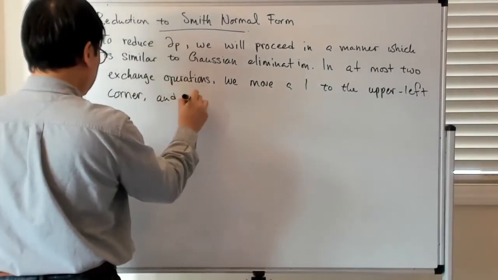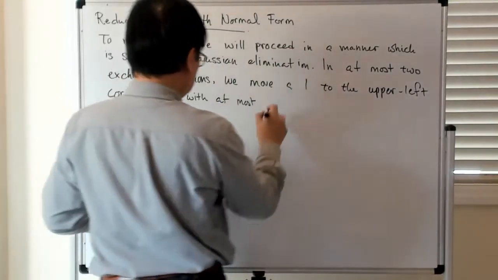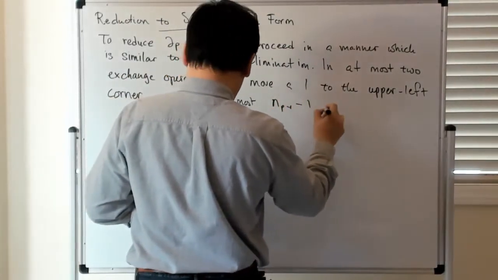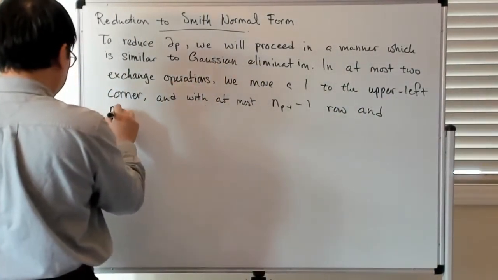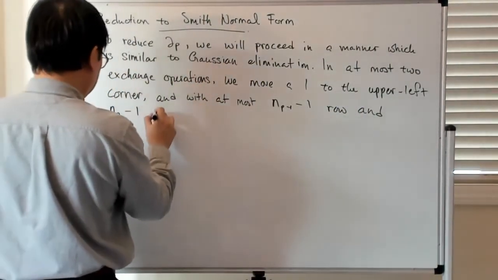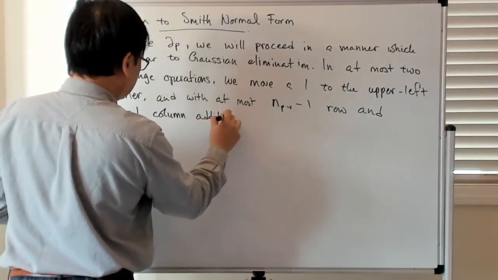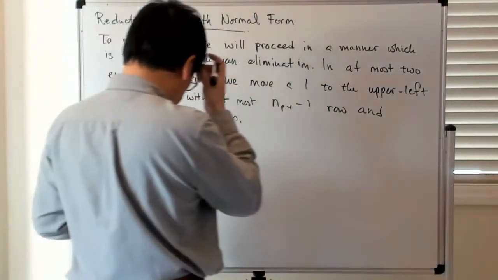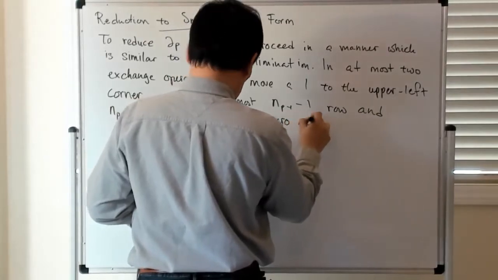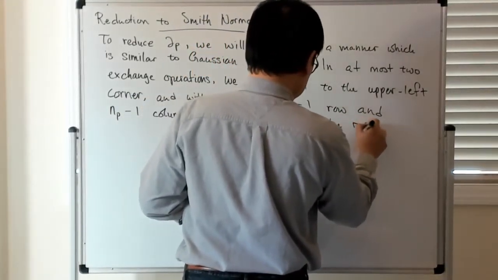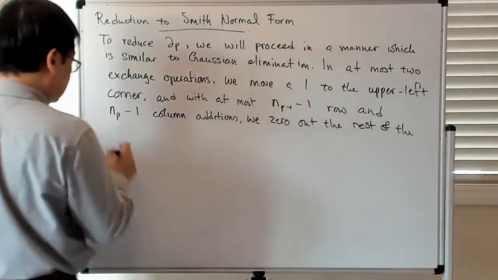And with at most np minus 1 row and np minus 1 column additions, we zero out the rest of the first column and row.